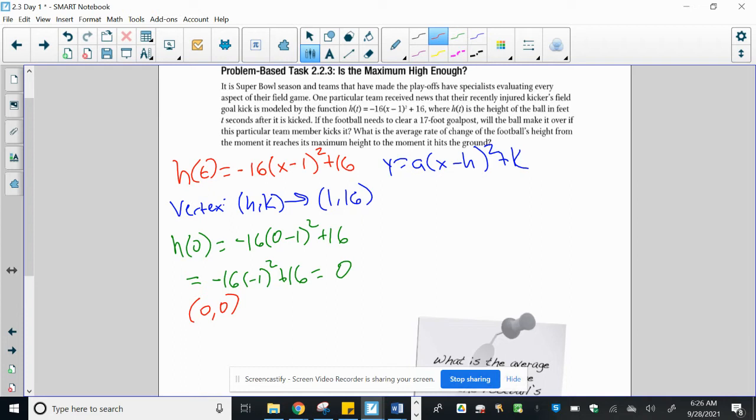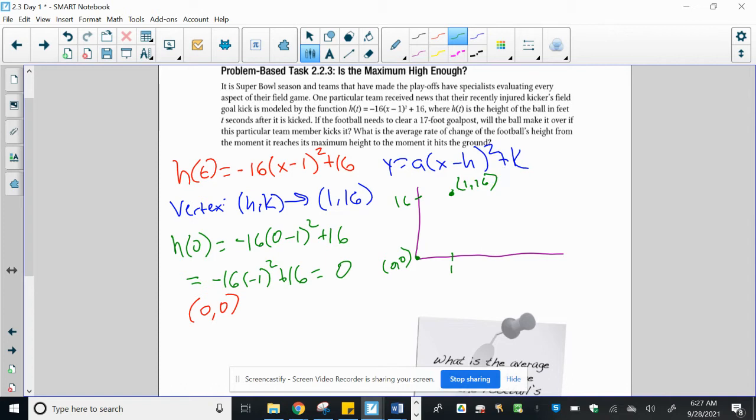So at this point, we can make ourselves a sketch of what this would look like. So we have our point at 0 comma 0. Then we have our point at 1, up 16. This is just a rough sketch. 1 comma 16.